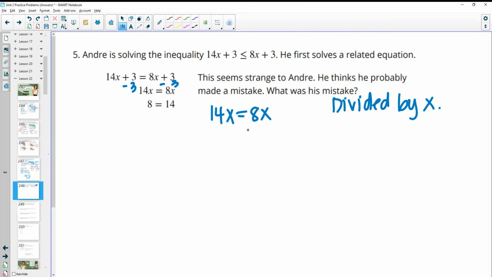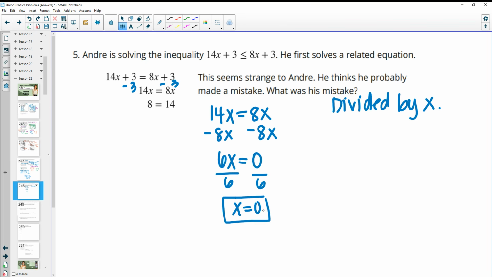And what he should have done is subtracted 8x to get those x terms together. So 14x minus 8x is 6x equals 0. Then divide by 6 to find out that x equals 0 is a solution to this equation.